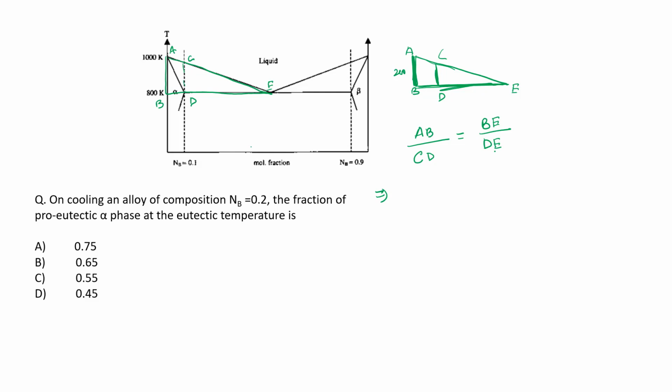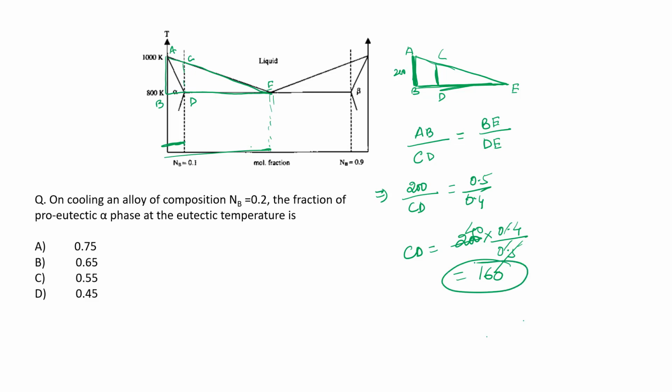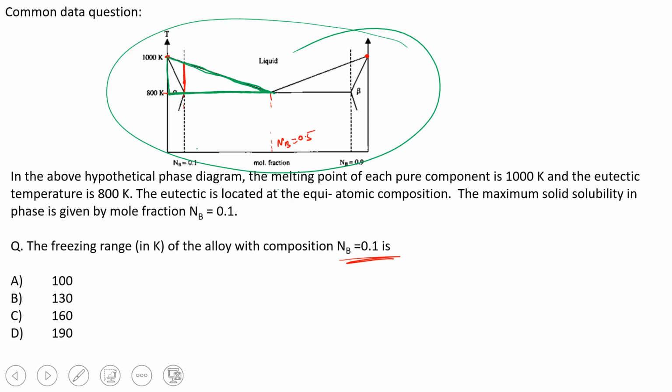So CD is equal to 200 into 0.4 by 0.5, so 40 by 0.5, it will be 160, right? So 160 is the temperature difference. So 160 is the answer for the first one, right, everyone?